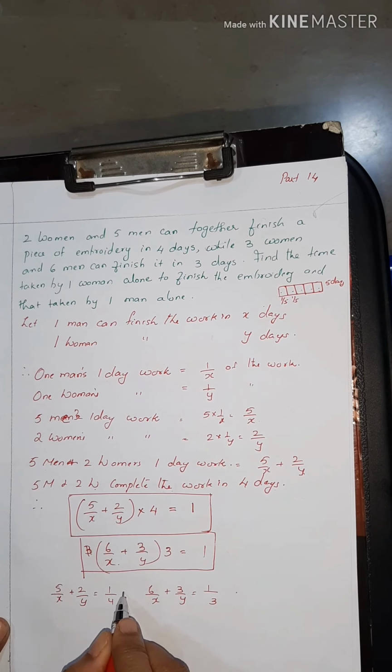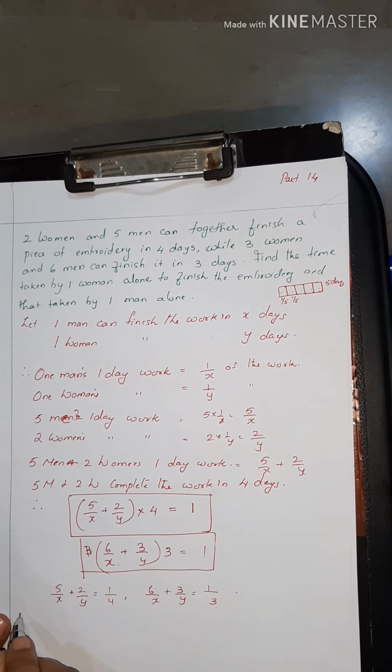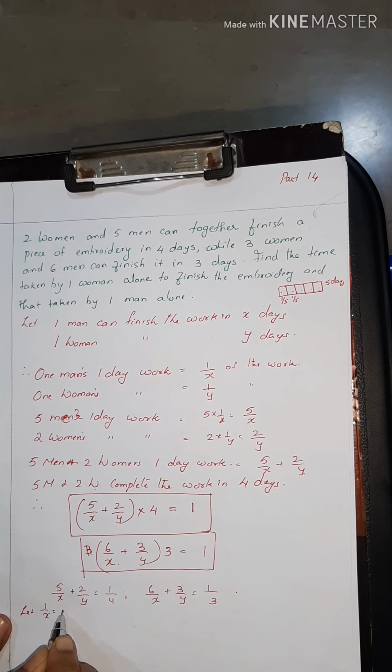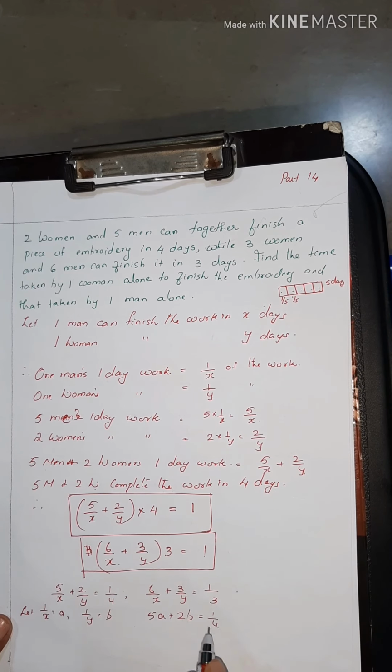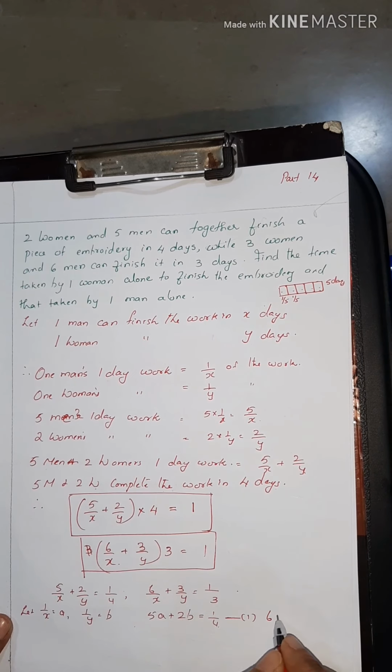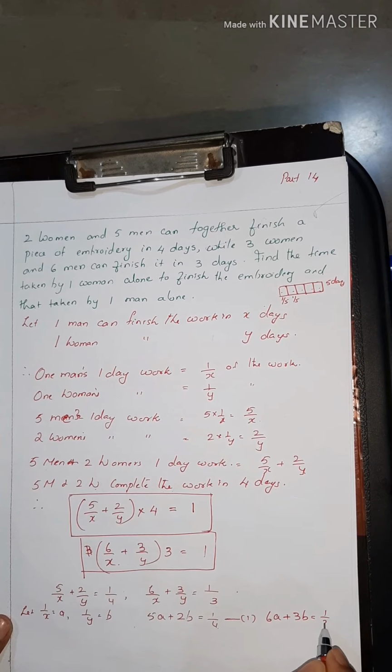Now I will substitute: let 1 by x equal a and 1 by y equal b. So the equation becomes 5a plus 2b is equal to 1 by 4, this is the first equation, and the second equation will be 6a plus 3b equal to 1 by 3.